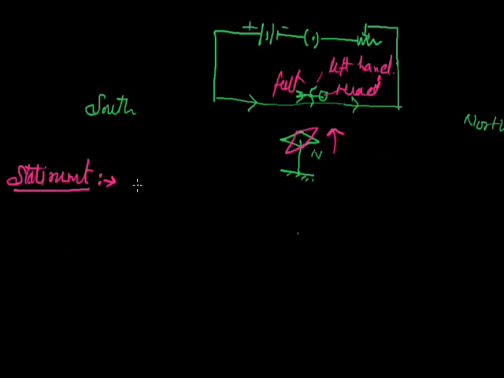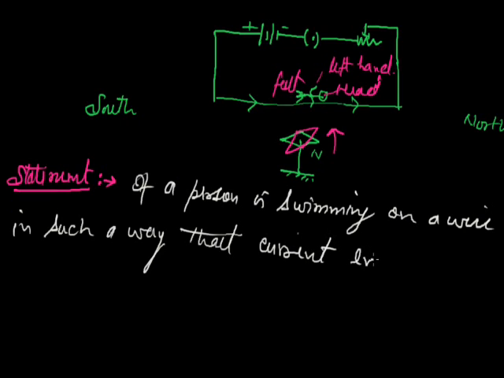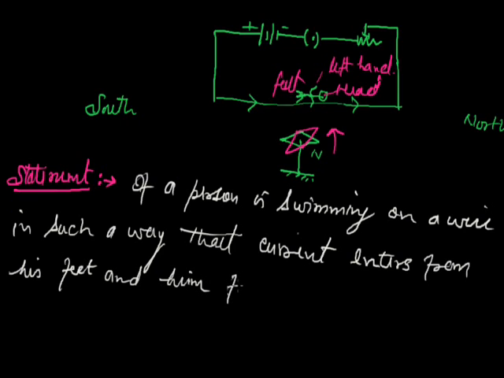Now, if a person is swimming on a wire in such a way that current enters from his feet, it does not mean current is flowing through the person's feet and leaves him from his head.